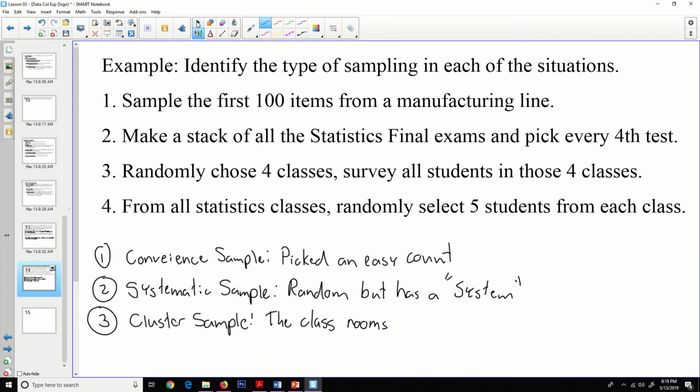The classrooms provide natural clusters of students with similar characteristics.